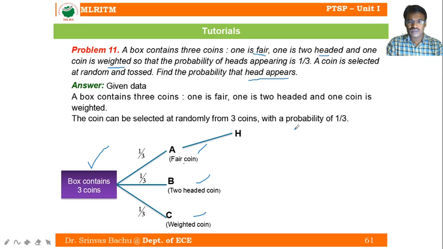Now coming to the fair coin. The fair coin has head and tail, so head probability and tail probability must be equally likely.